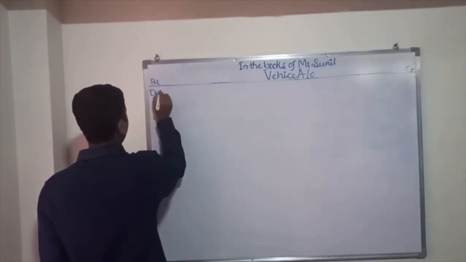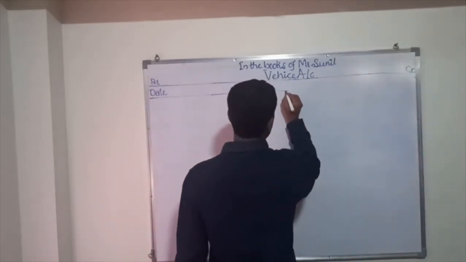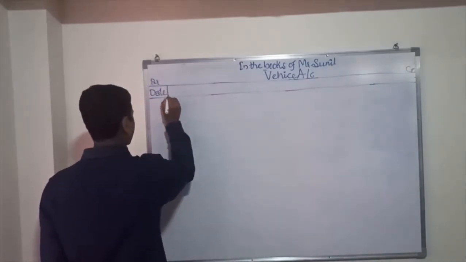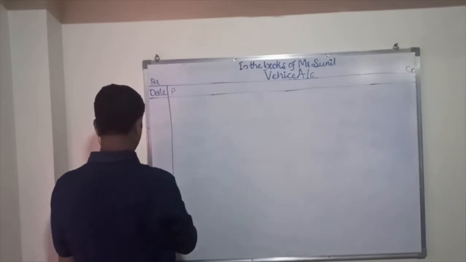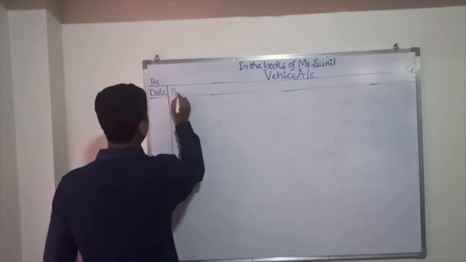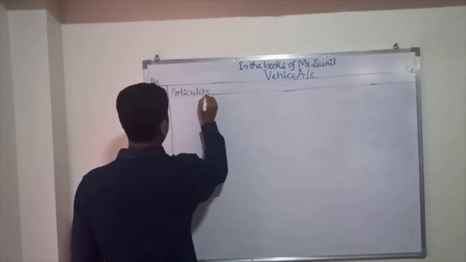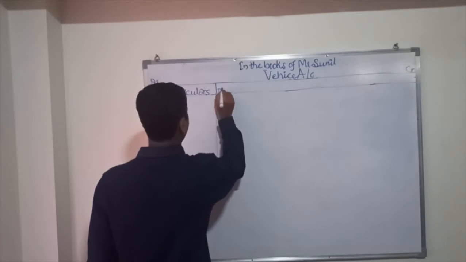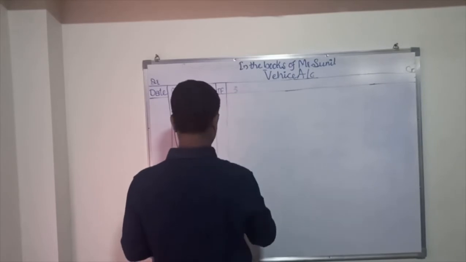So date here, date, then particulars, then journal folio, then rupees.